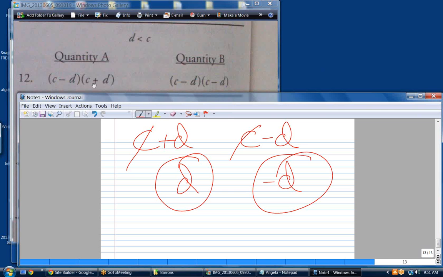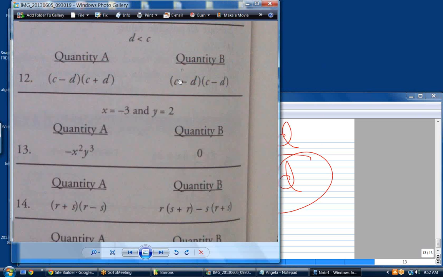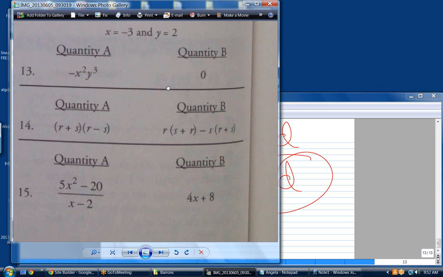Even though it's not technically an equation, we don't know if it's equal or not, you can treat it like that in terms of trying to compare quantity A with quantity B, to whittle it down, so to speak.